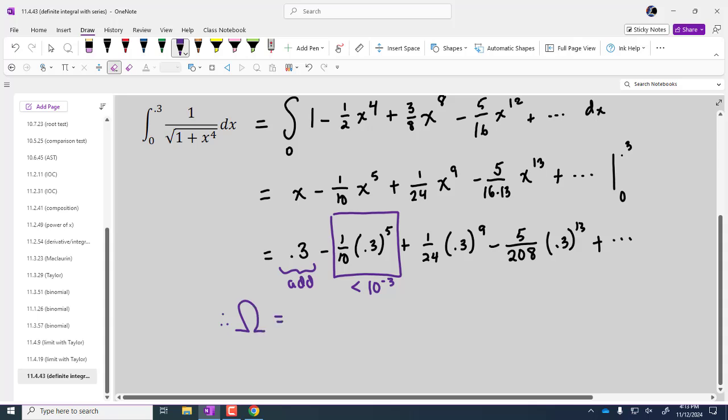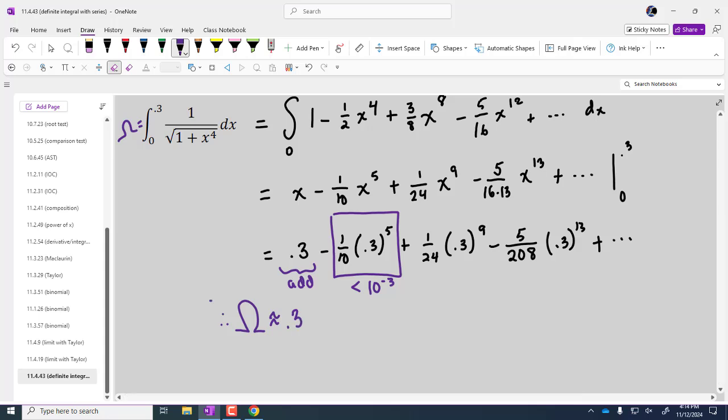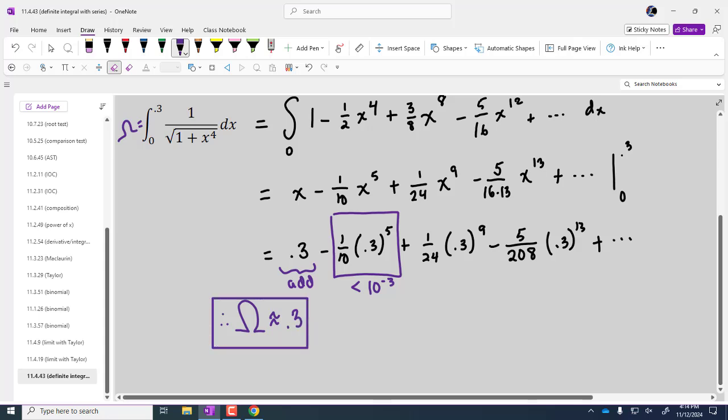Not a gamma, an omega. So that's going to be approximately 0.3. Approximately 0.3. Interesting. All right, any questions?